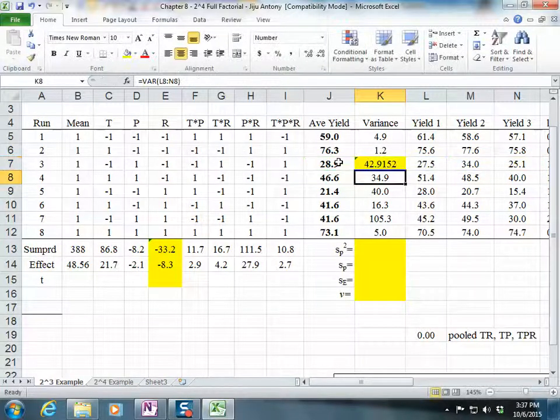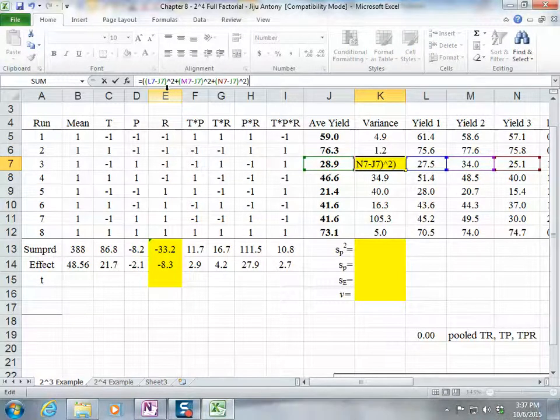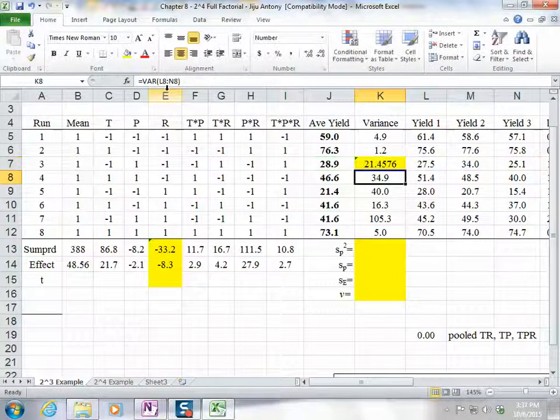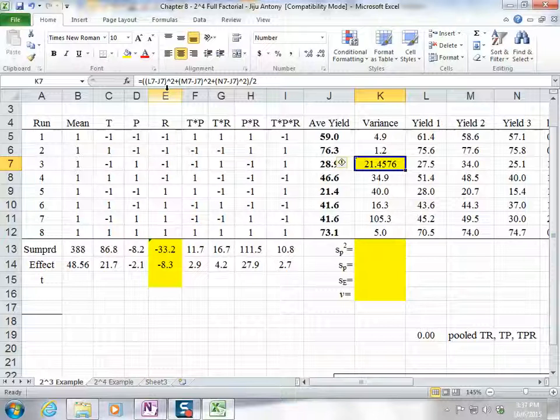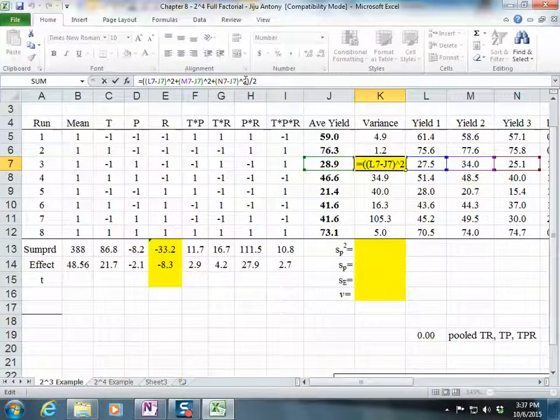That's the sum of squares, and I want to take all that and divide by 2. That's the variance calculation, which is what your standard deviation button does on your calculator.